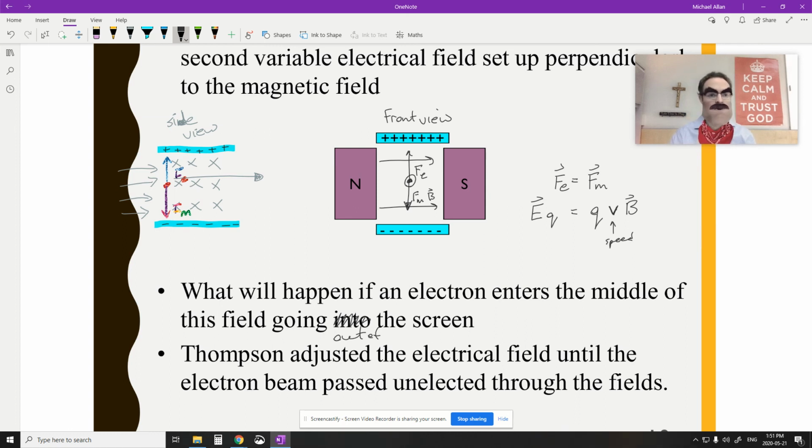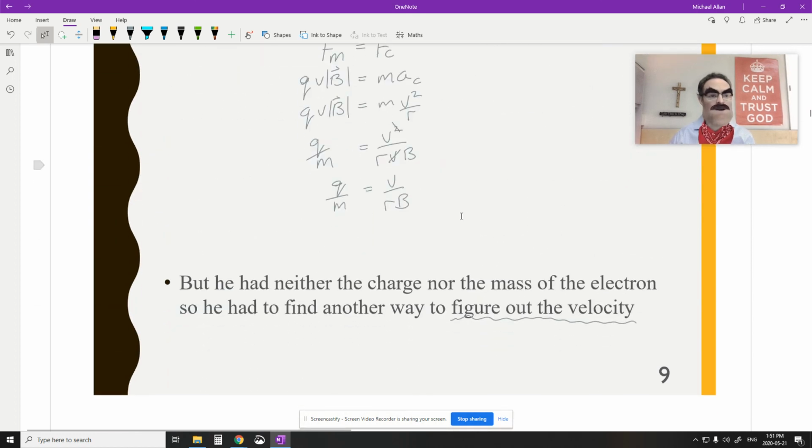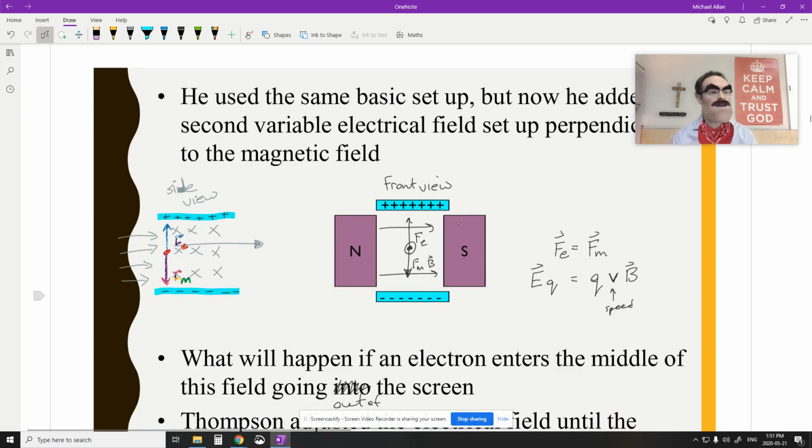Now, one more problem about this formula involves the charge. He doesn't know the charge of the electrons yet. Millikan hasn't come along and said, here's the charge. But it's a pretty smart mathematical mind, and hopefully you determined it as well. There's a charge on each side of the equation that I could just reduce out.